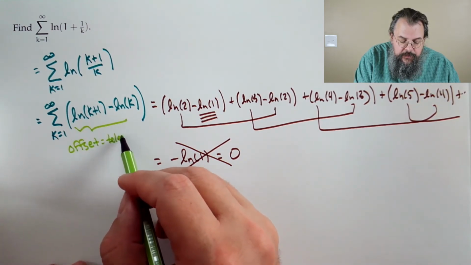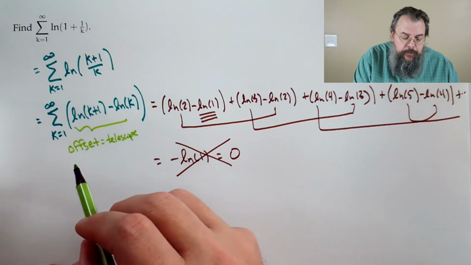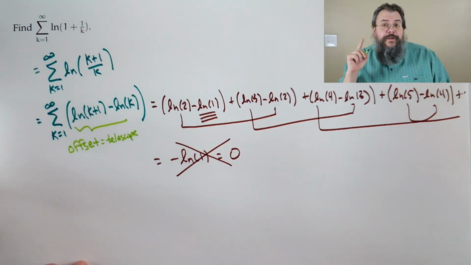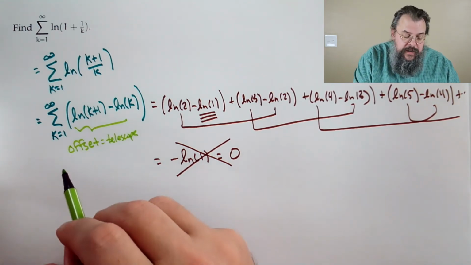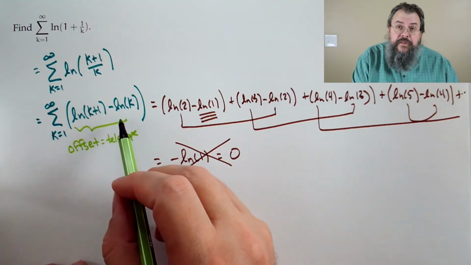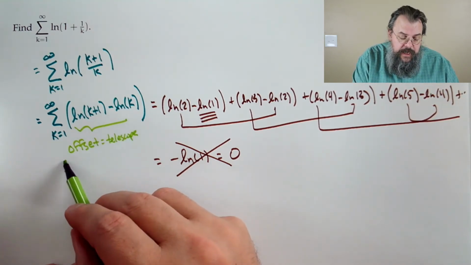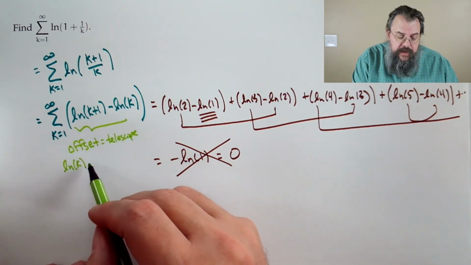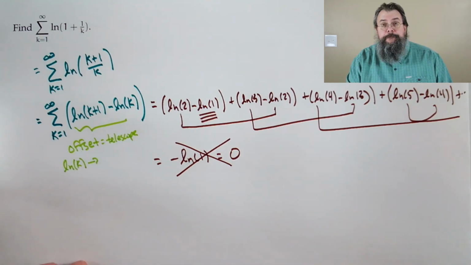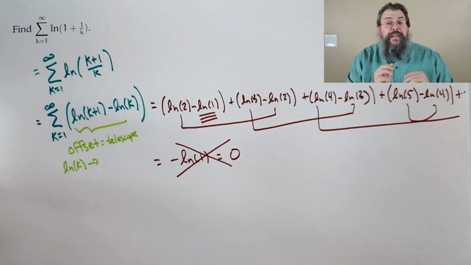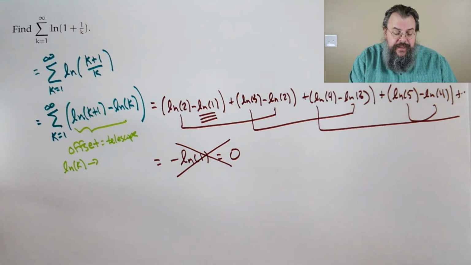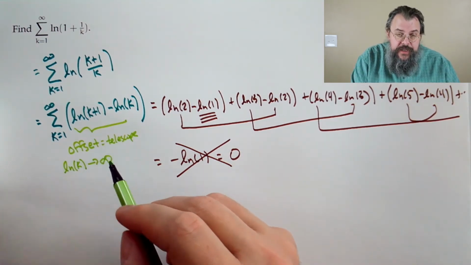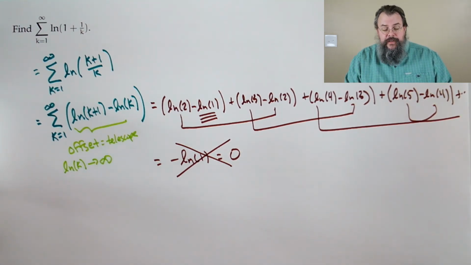Okay, so we do have that. But there's one other thing to keep in mind. You look at what the behavior is as you tend to infinity. What happens to log k as you tend to infinity? It gets big. It gets infinitely big, actually. It goes off to infinity.